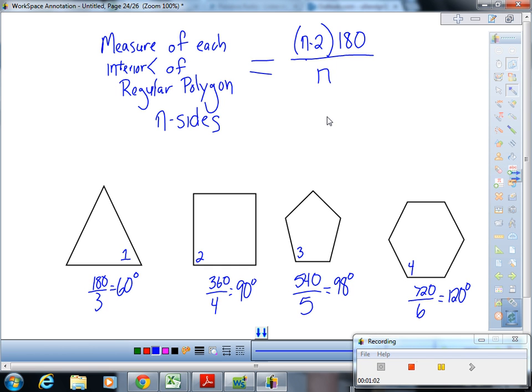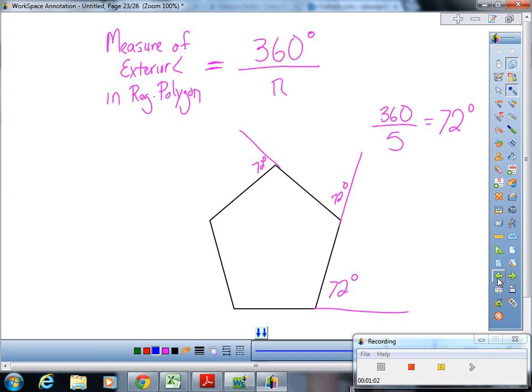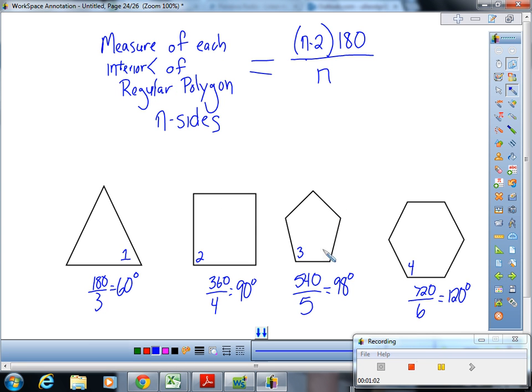Now, let's just remember, we already figured out from the last slide that a pentagon was 72 degrees for the exterior angle. It's 98 degrees for the interior angle, and that makes me feel good because 98 and 72, that's not good. We got 98 wrong. That's what I thought. This is 108.